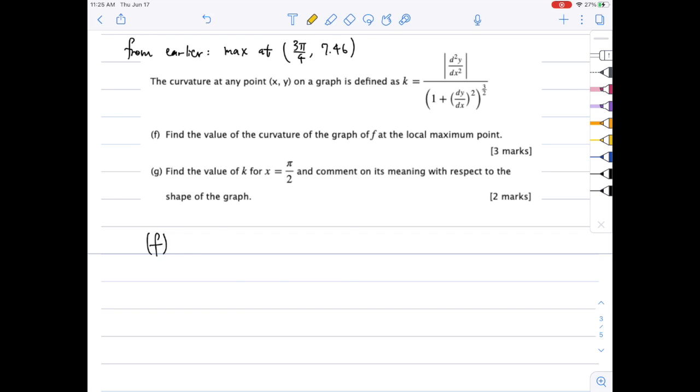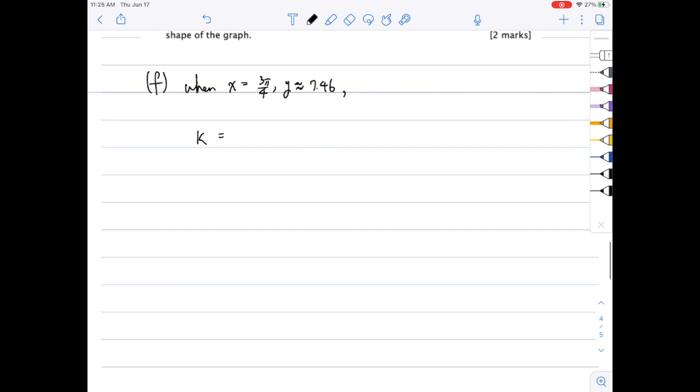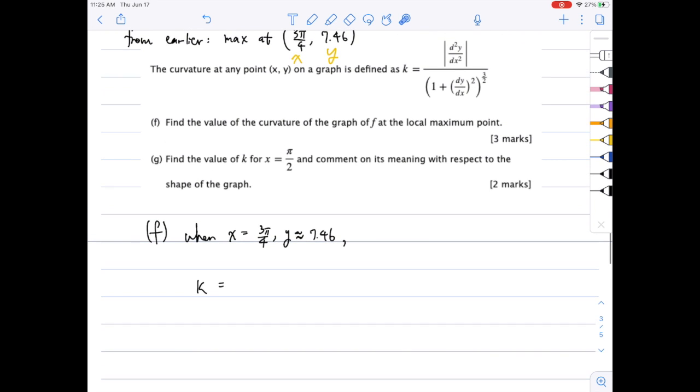Okay, so here's our x, so I have it up here, and here's our y, and we can use that to determine the curvature. So when x is equal to 3/4 of a pi and y is about 7.46, this is approximate, k is going to be equal to, and what we do is we take these values and we plug them into the corresponding derivatives.